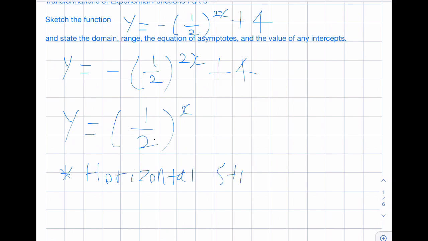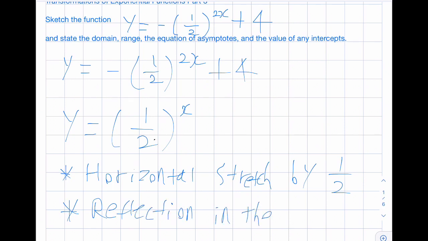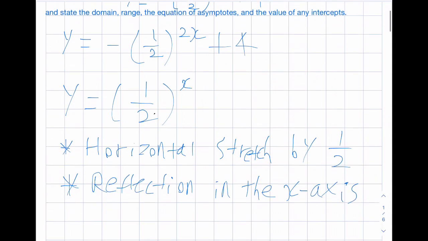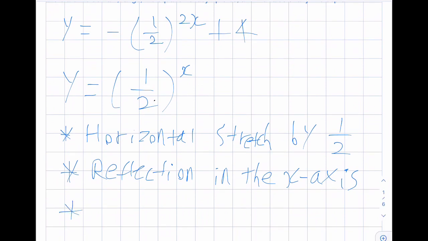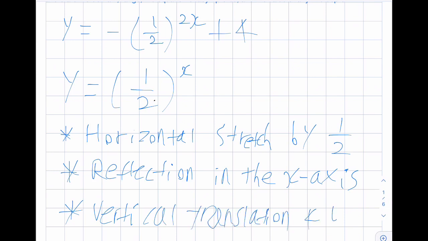And then we will have a reflection in the x-axis, because there's a negative sign in front of 1 over 2 to the power of x. And finally, because of the plus 4 at the end, we will have a vertical translation 4 units up.